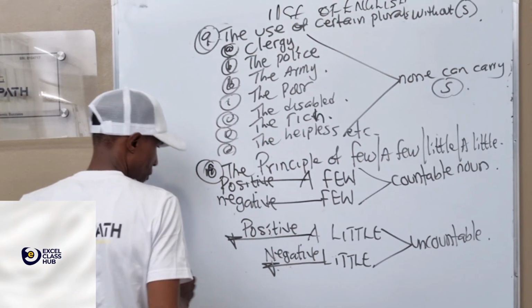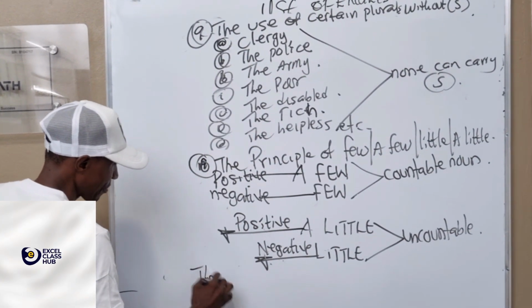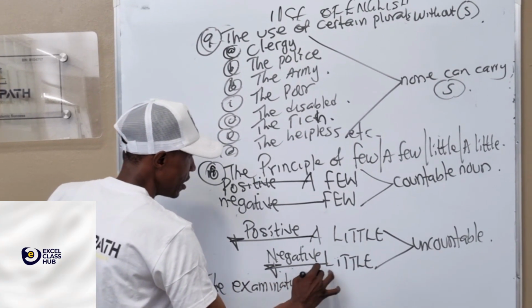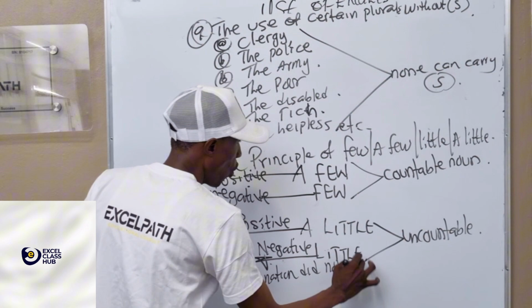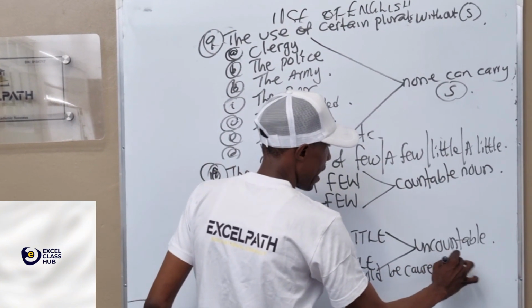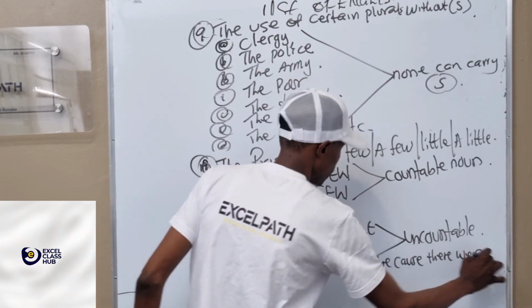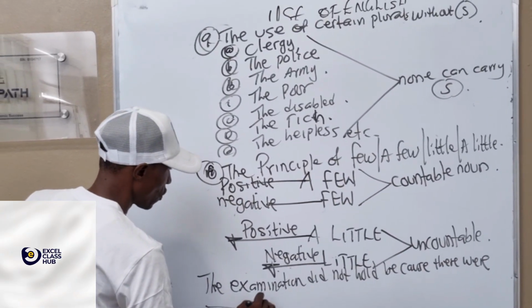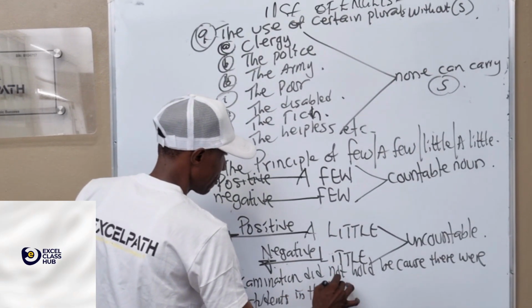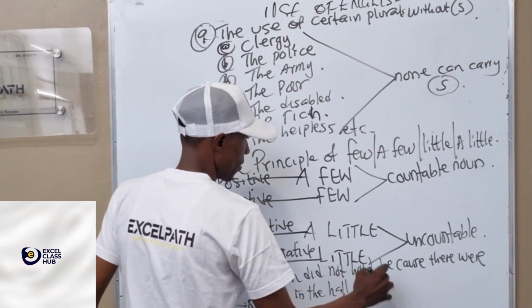Look at this question. The examination did not hold because there were dash students in the hall. A, a few.